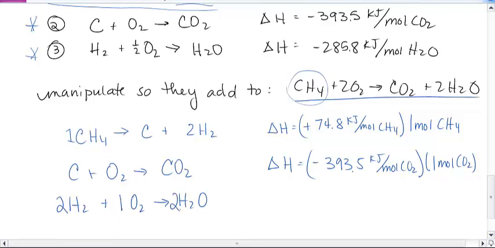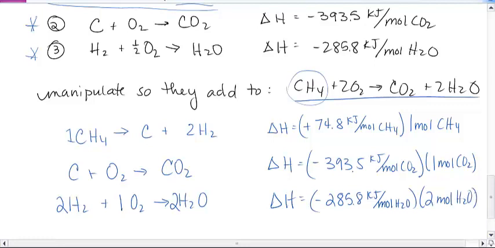I just doubled the whole equation, which is how we prefer to look at it anyway, get rid of that fraction. All right, so my delta H, I didn't flip it over, so I am not changing the sign. But I multiplied everything by 2, so I've got to account for that here.